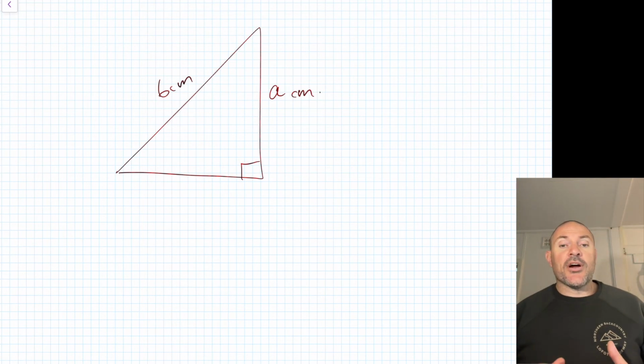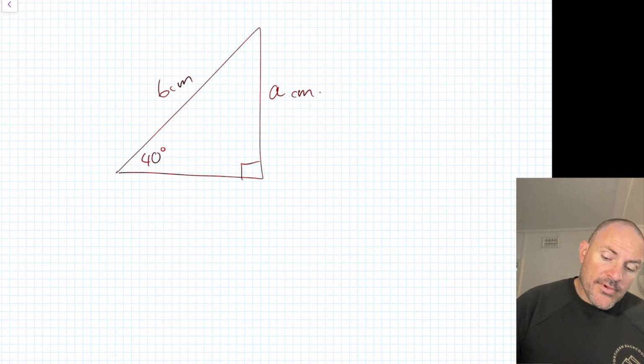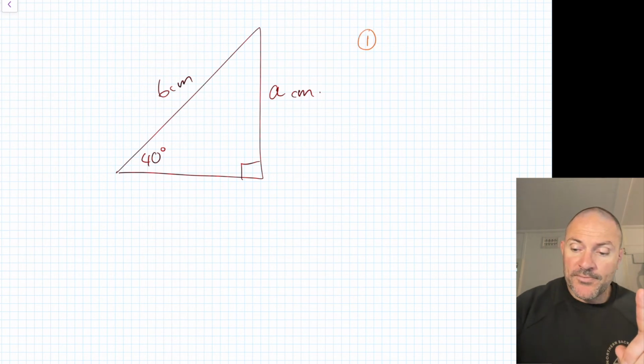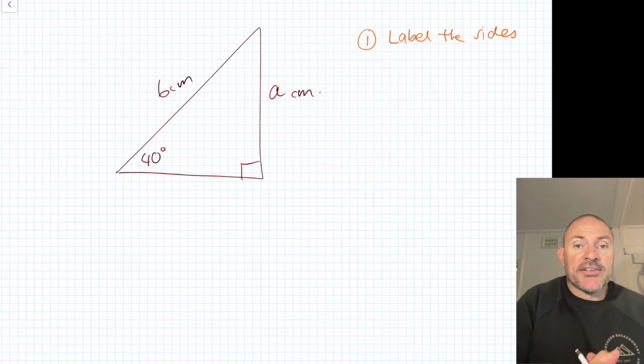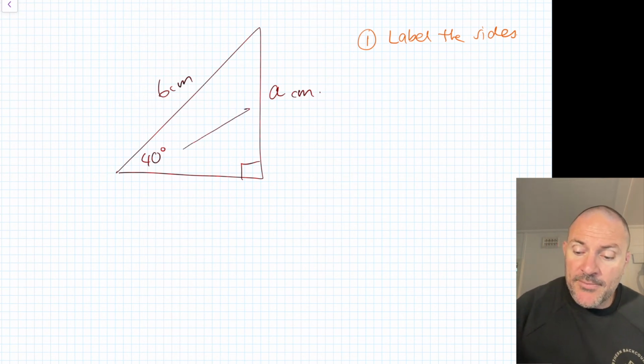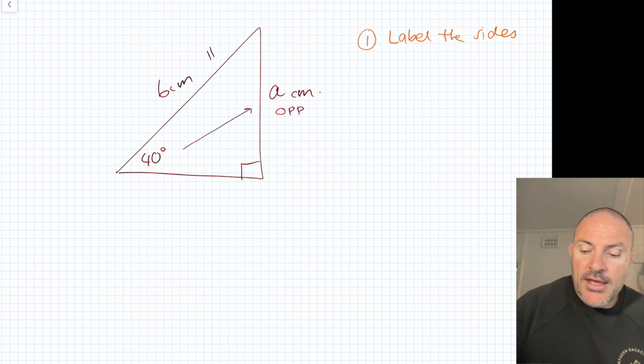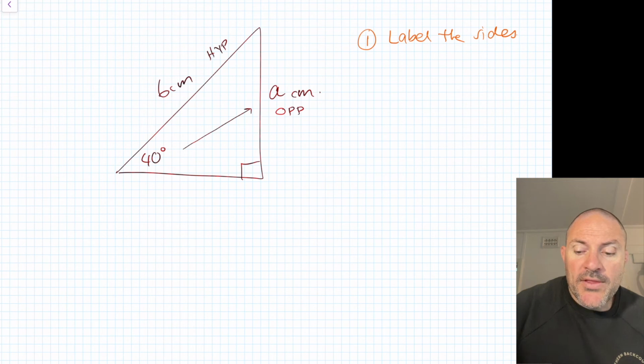The two things I want for you is to be able to, first of all, label the sides. When I say label the sides, I mean opposite, adjacent, or hypotenuse. In this instance, what would they be? The A would be the opposite side, and the 6 would be the hypotenuse.